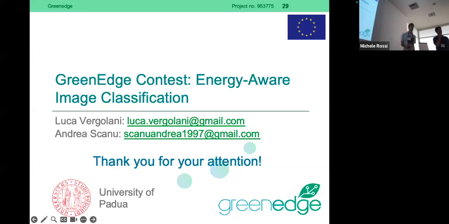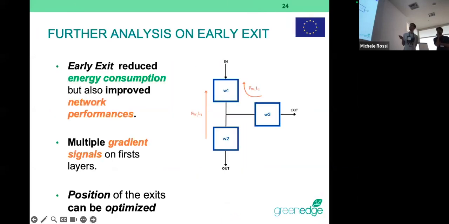Regarding the early exiting, you said that there are multiple gradient signals. I'm wondering if you could put weights on them. Yeah, it's possible.